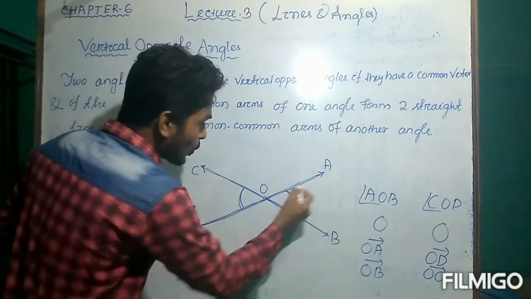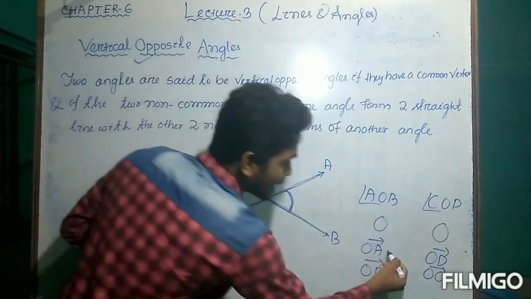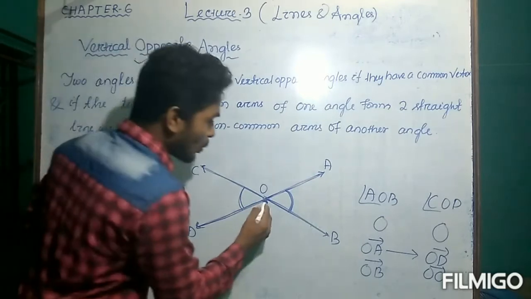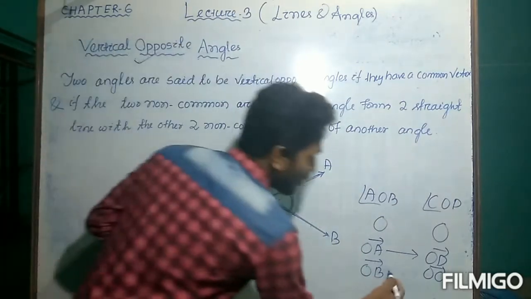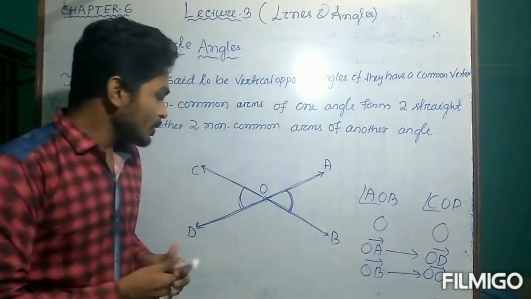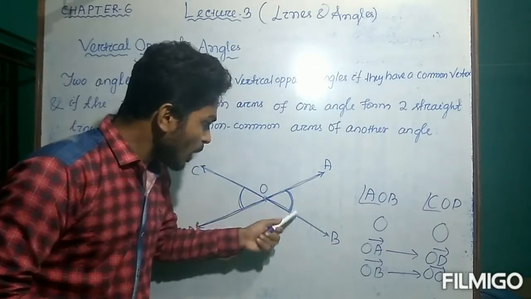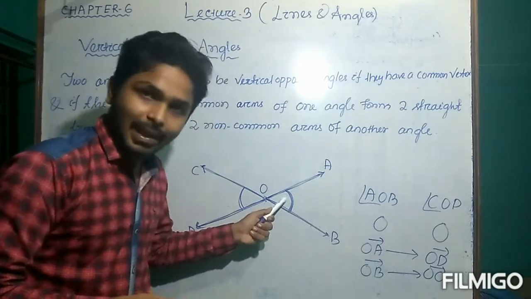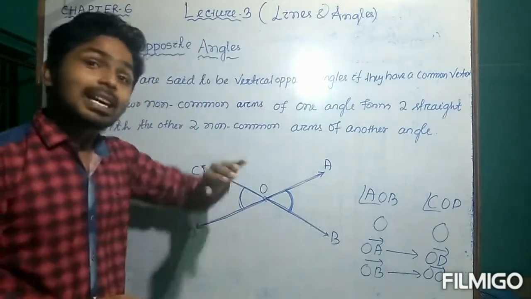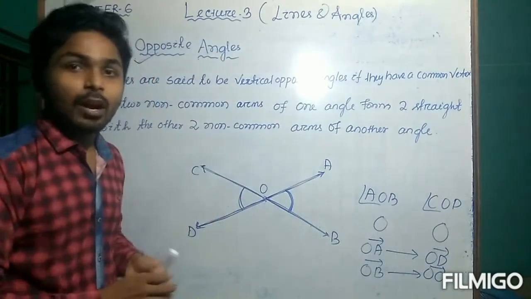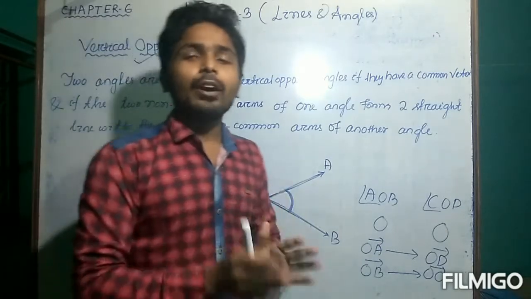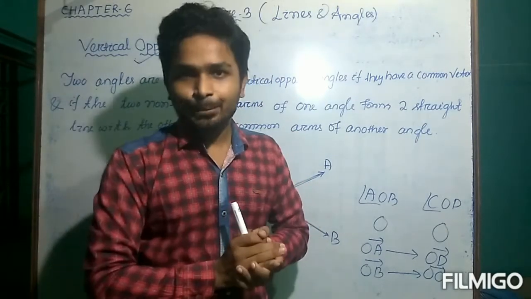So OA and OD form a straight line. Similarly, OB and OC form another straight line. This is the second condition, which tells you that if two arms of one angle form two straight lines with the two arms of the second angle, then these two angles are known as vertical opposite angles.